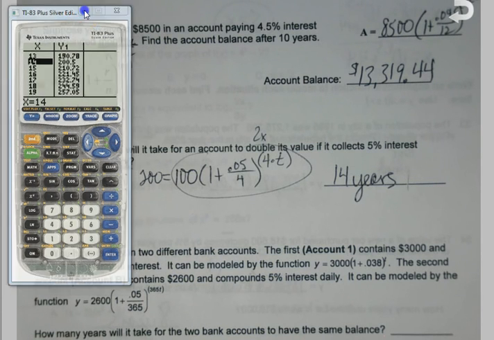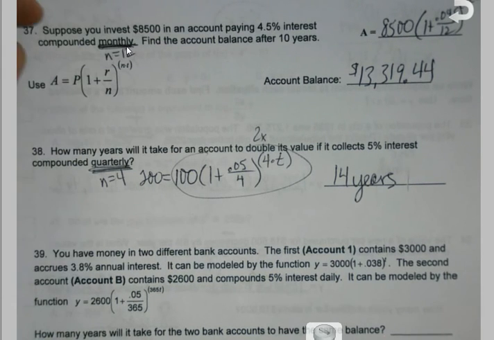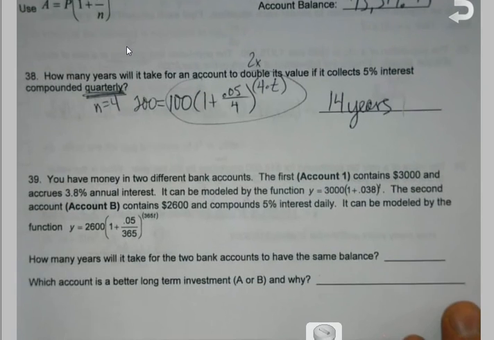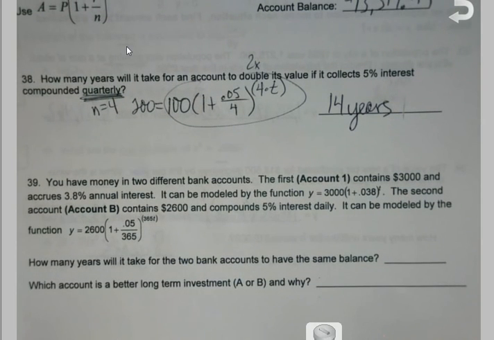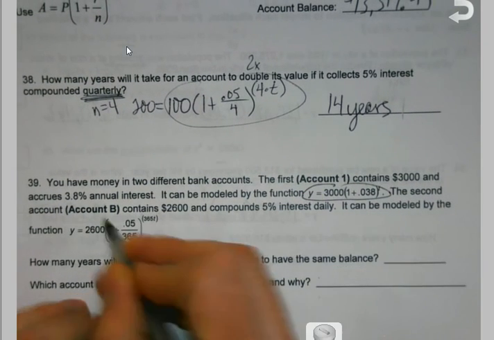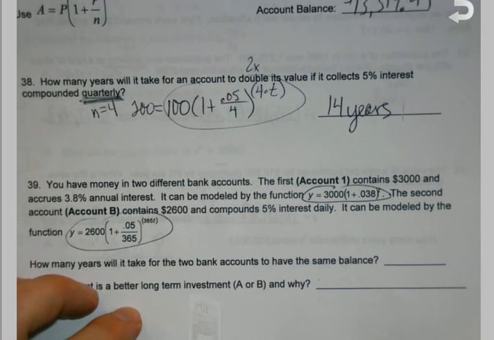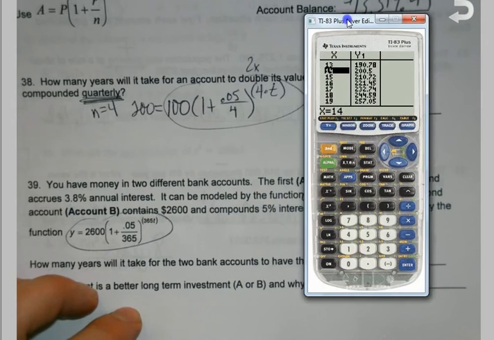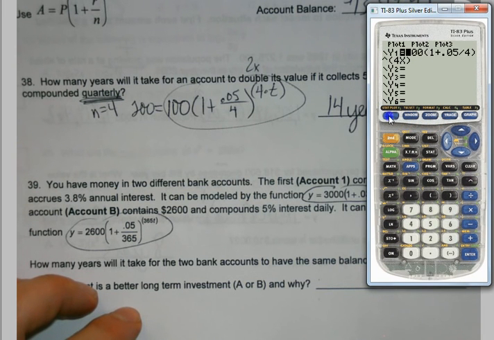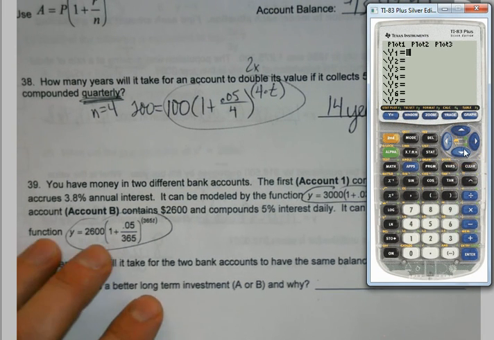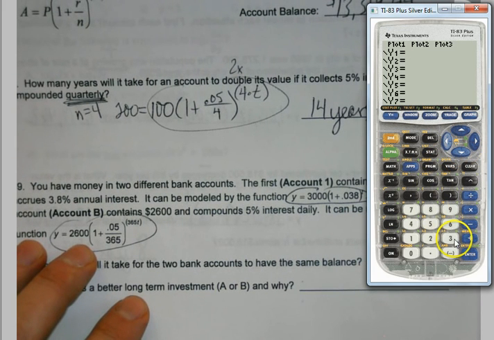Then the problems that we always have the most fun with. You have money in two different bank accounts, and they give me equations for both of them. How long will it take for the two to have the same balance? Okay, we're going to do an application, and I know some of you are going to scream and yell, we didn't do this exact thing. We did something similar with the last quiz and kind of spoke about it afterwards, so no complaining.